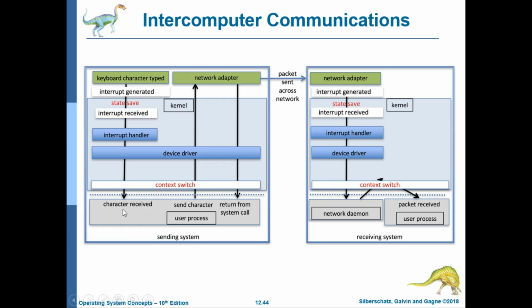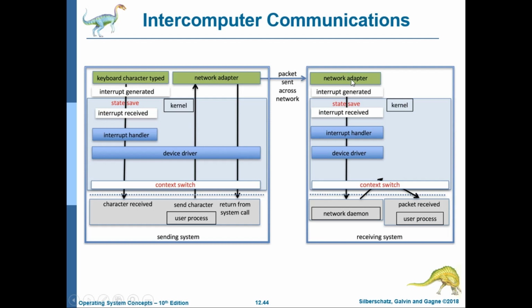And then for the user process, the character is received, and what will it do? It will send the character to the network adapter. From the network adapter, it will send the packets to the network adapter of the other computer. After it has sent the packet, it will return from the system call.